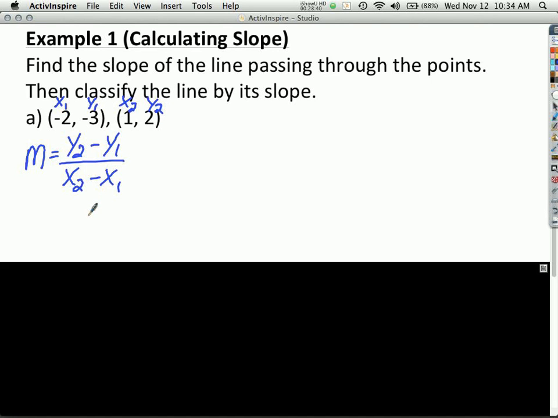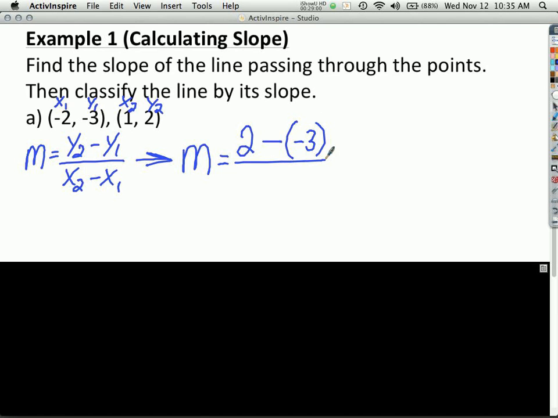Now plug the numbers in the right place. M equals Y2, find the Y2, minus Y1. It's a negative number, make sure you pay attention to that.